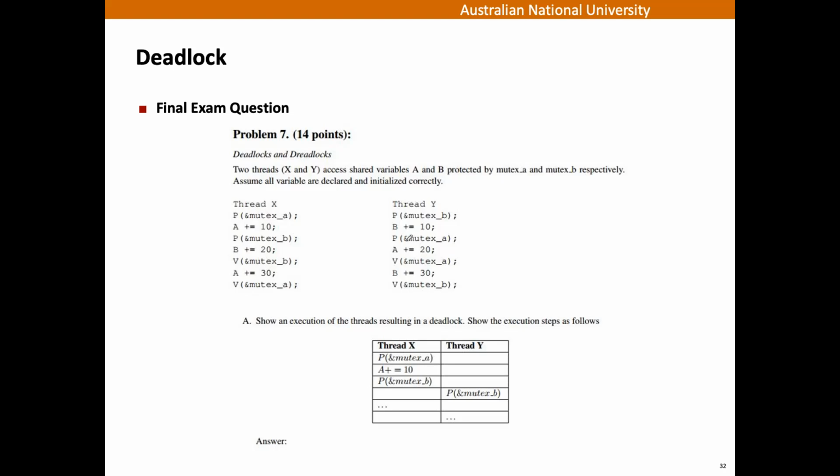It seems that you need a new mutex variable. If X has A, okay, let's think about it offline. There's a couple of ways you can do it. After the first lock on A, try to lock B, and then like another check afterwards.